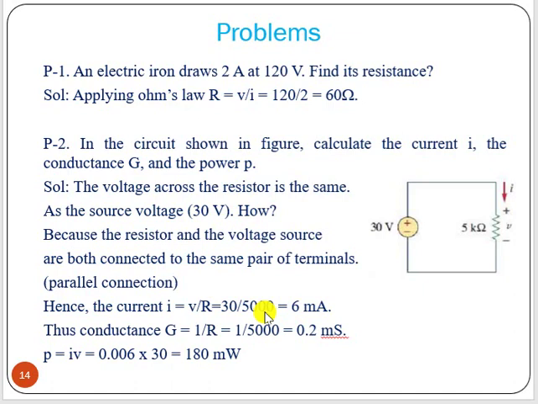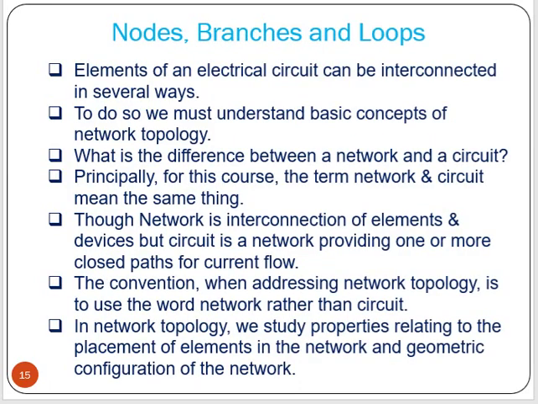If you take that in numerator, it becomes kilo to milli, because kilo means 10 to the power 3, milli means 10 to the power minus 3. So 6 milliampere. Value of conductance 1 by R, that will be 0.2 milli Siemens, and P equal to VI, so you can calculate as 180 milliwatt. So this is the simple way we can solve.